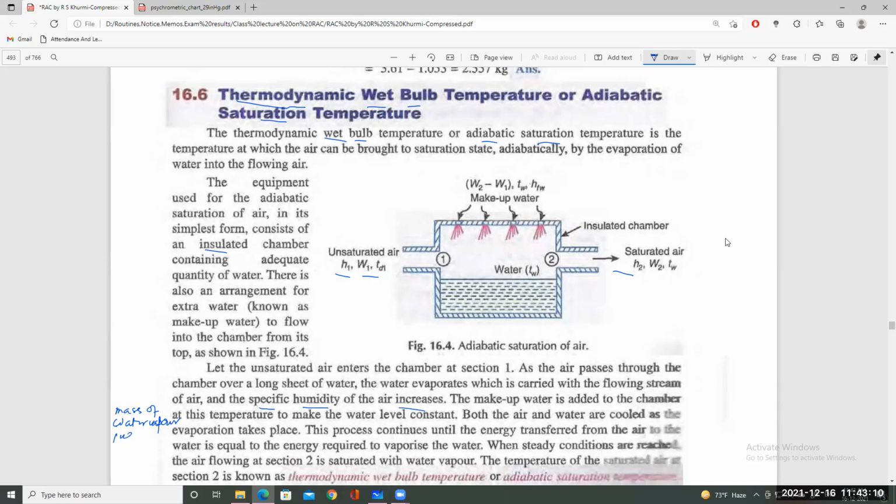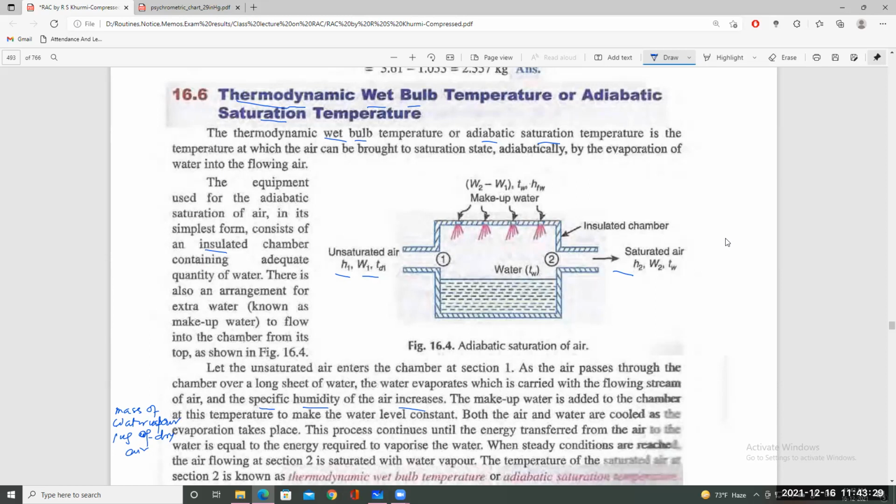Now, this makeup water is added to the chamber at this temperature to make the water level constant.